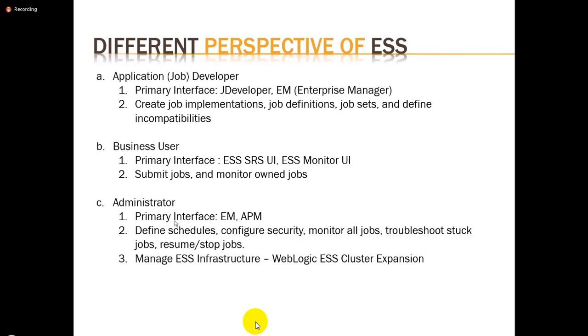Okay. So only the administrator can schedule a job here then? I mean, in some companies, maybe developers can also schedule the jobs. They can do that. A business user can monitor their own jobs, but the administrator can monitor all the jobs. Scheduling can be done by the administrator, or a business user or application developer also can.